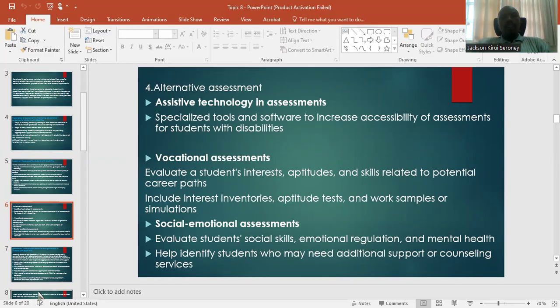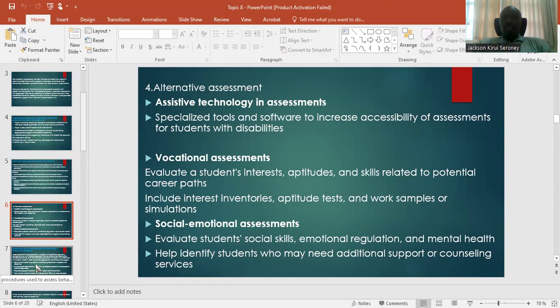We can also have vocational assessments, which can help evaluate students' interests, aptitudes, and skills related to potential careers, which includes aptitude tests and work samples or simulations. We can also have a social emotional assessment, which evaluates students' social skills, emotional regulation, and mental health for that matter.